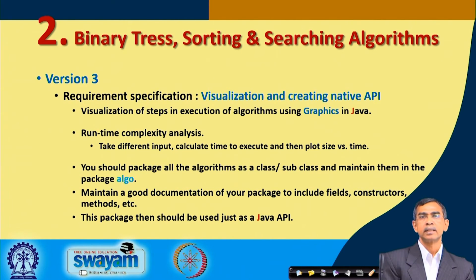To do this you should take the help of the graphics class, which is defined in the java.awt package. All the implementation related to the visualization you can put into some other package, or in the same package also, because it is related to the sorting, searching, tree generation, and visualization.